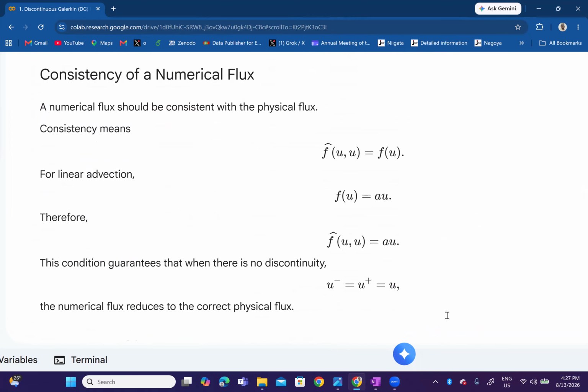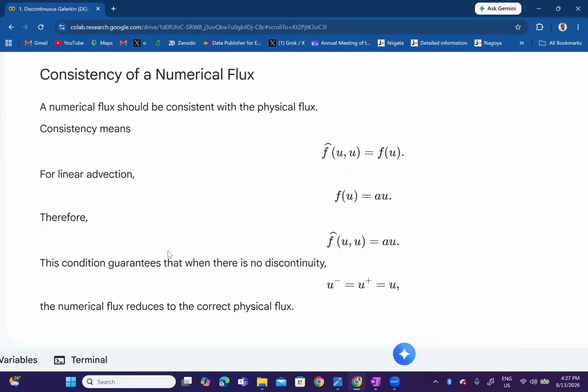Now let's talk about consistency of a numerical flux. A numerical flux should be consistent with the physical flux. Consistency means f hat of u comma u should be f of u. So for linear advection, f of u is equal to au, and therefore f hat of u comma u is actually au.